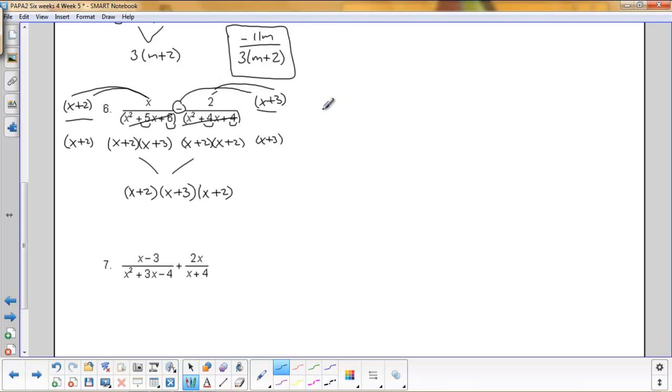Alright, that gives me x squared plus 2x minus 2x minus 6, all over the common denominator of x plus 2 times x plus 2 times x plus 3.